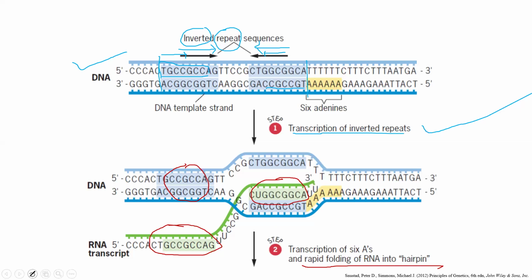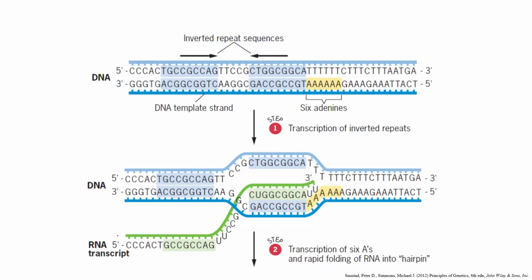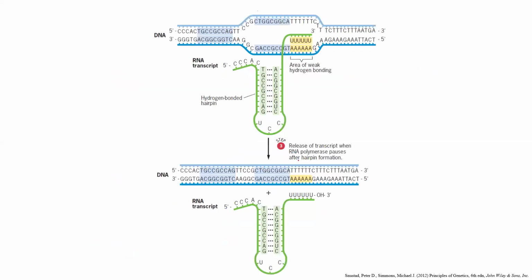So till this step, you can see that this mRNA is single-stranded, and these inverted repeats have been copied. Immediately after the synthesis, in the next step, you can see that these inverted repeat regions in the mRNA will form base pairs with each other. Because these inverted repeats were complementary to each other, they can form base pairs. And once they form base pairs, you will have a double-stranded region.